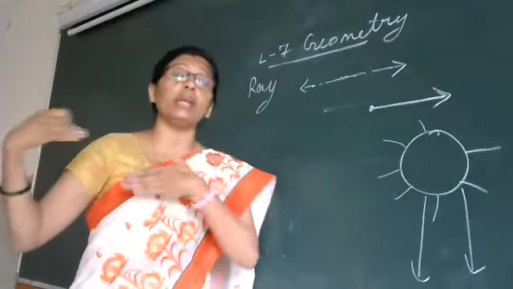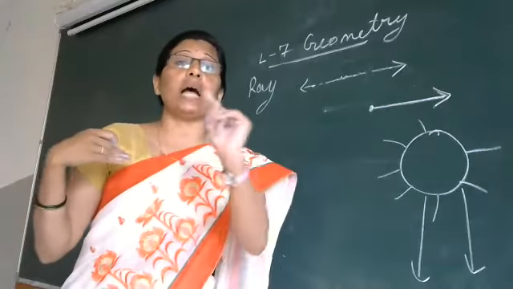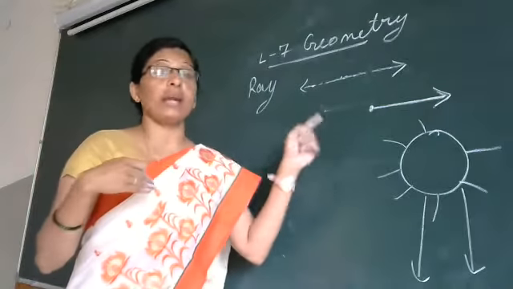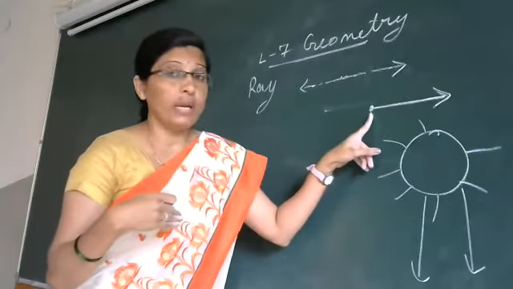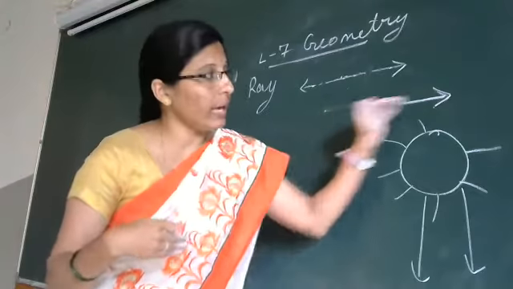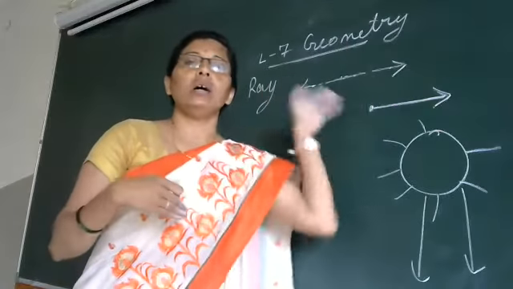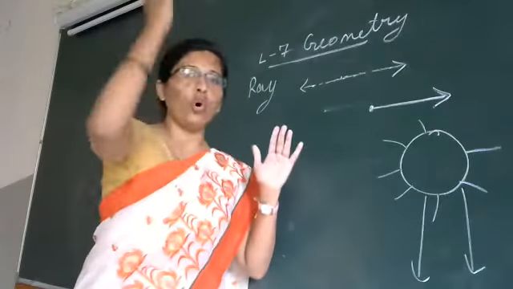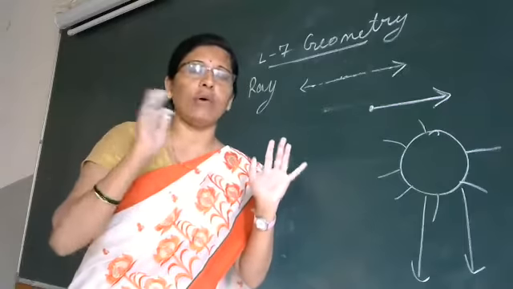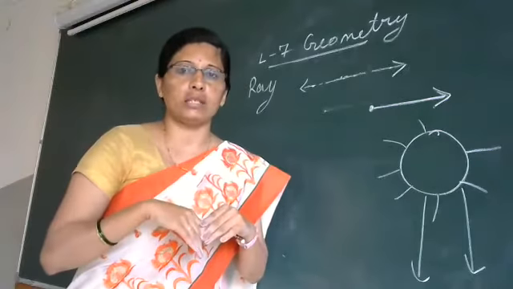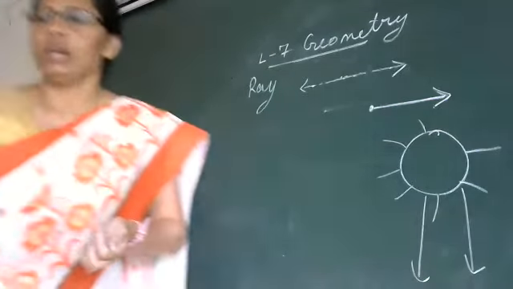They are going in only one direction. So that is the best example for a ray. It starts from one point and it continues to the next. It goes on continuing. It doesn't have any end point at the last.